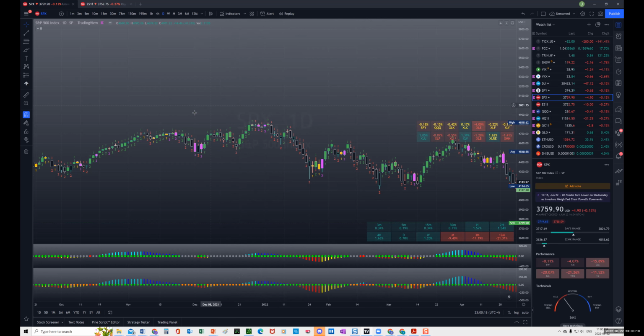Again, everything boils down to and starts with the strat. So I'm always looking at my strat targets first. The squeeze is just an additional bit of information that tells me, you know what, there's a lot of power potentially behind this move.